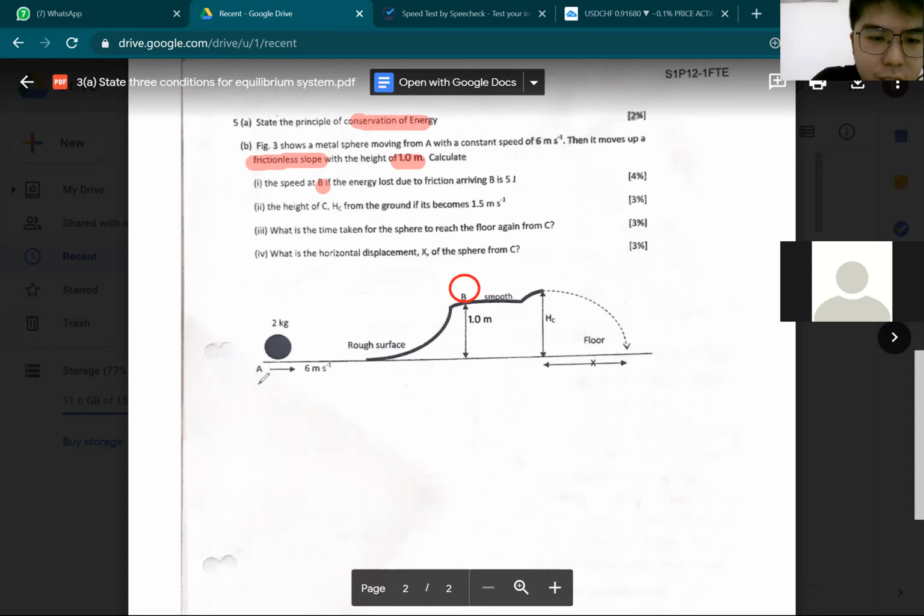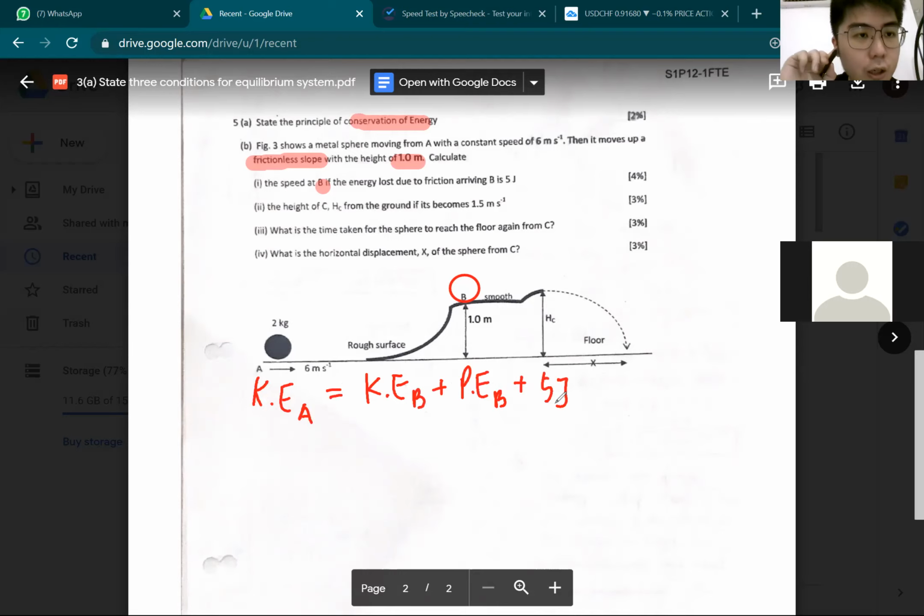So we use this equation: the total kinetic energy at point A, I write KEA, is equal to the kinetic energy at B plus the potential energy at B, and we also have to add the 5 joules of energy loss.